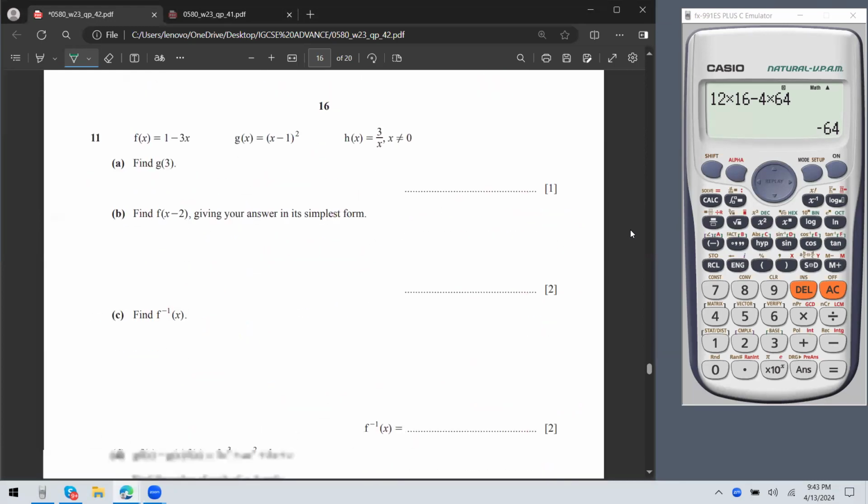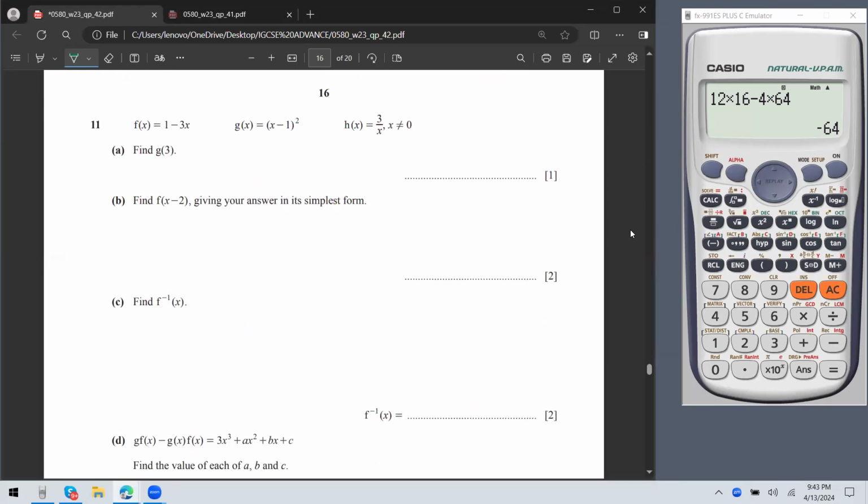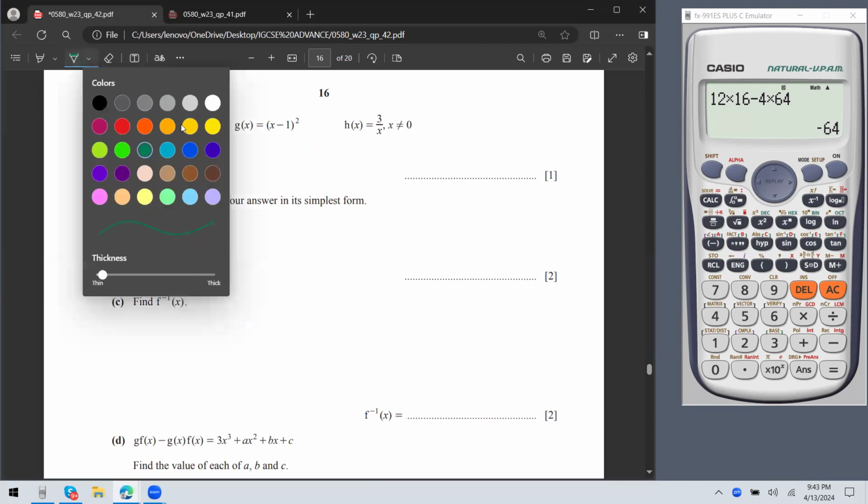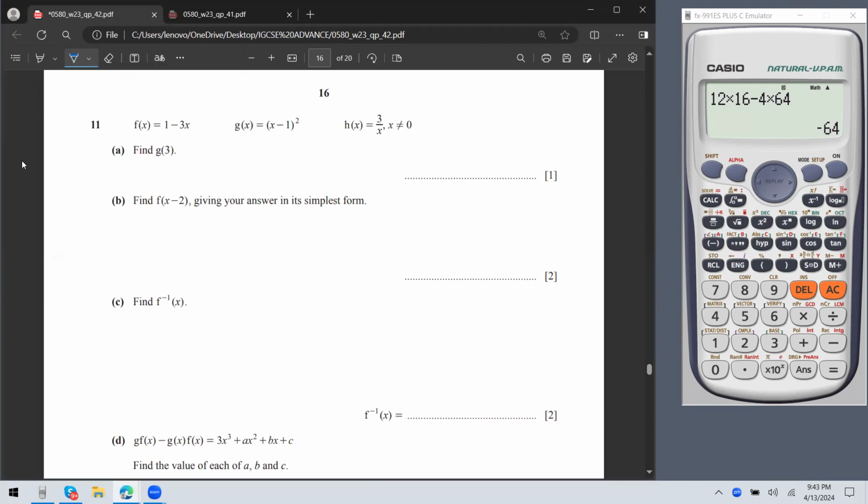Okay, now comes the function part. You can try first one. G of 3, very easy. Yes, G of 3 is 3 minus 1 whole square, 2 square, 4.